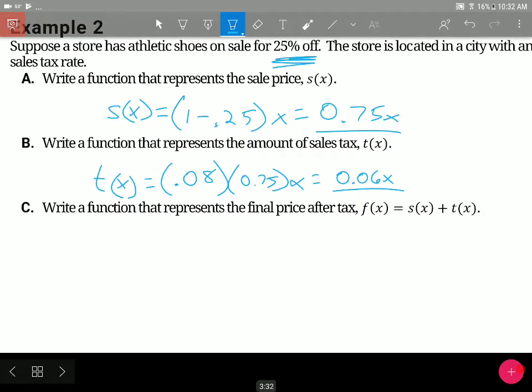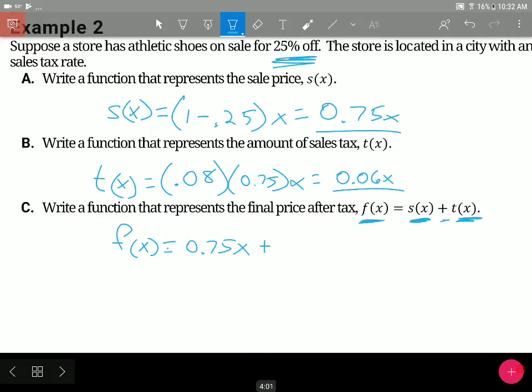Cool? All right, now here's the part that we're really learning today. Write a function that represents the final price after tax. The final price is going to be the sale price plus the tax. So your final price is your sale price, what's your sale price? 0.75x, plus your tax.